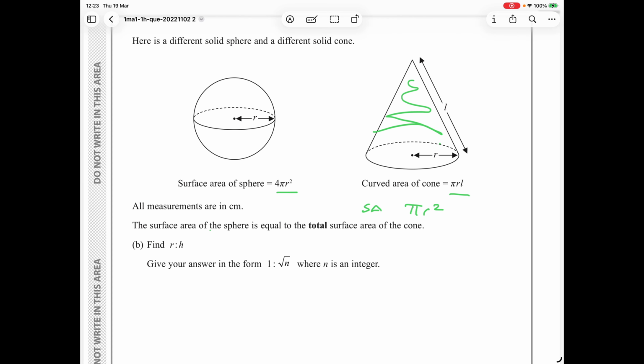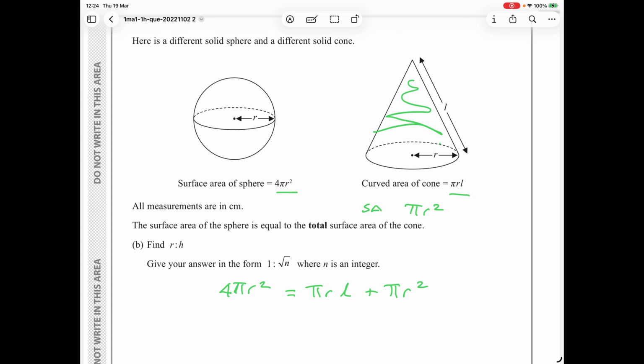So now it says the surface area of the sphere is equal to the total surface area of the cone. Find r to h. So for surface area, we're going to do 4 pi r squared equals pi r L plus pi r squared.